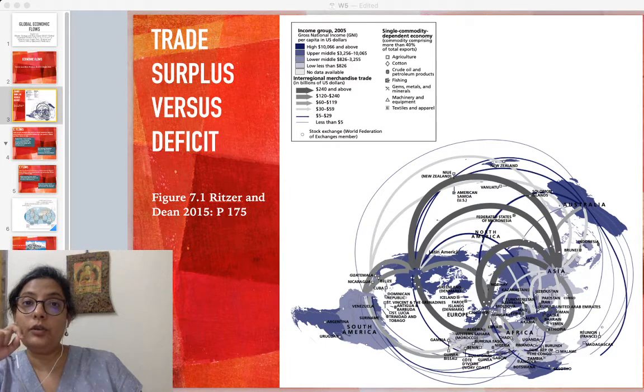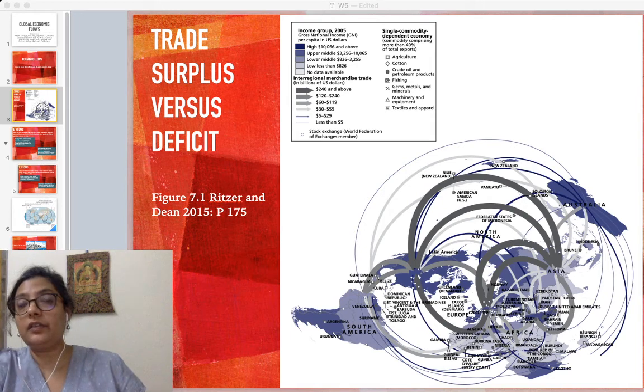And they also go on to note that in some African countries, this figure is as high as 80%, which means that the majority of the commodities that they export are agricultural commodities. So in doing this, they are trying to show that the profile of commodities being traded by various countries in the world is also different. In some African countries, most of what they're exporting is agricultural products.